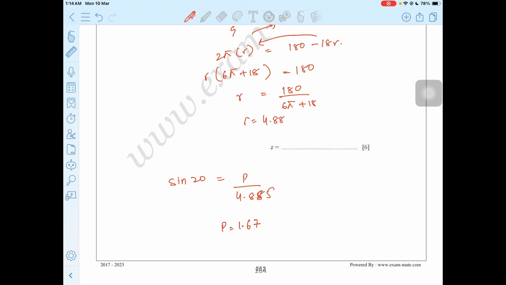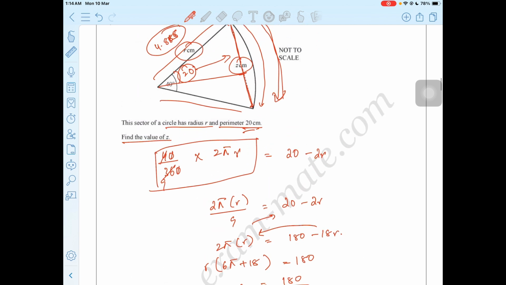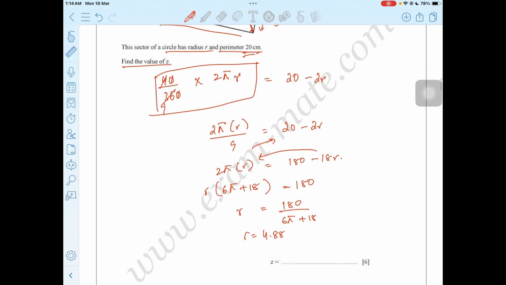Did we make some mistake over here? Because the value of r is different. So this is 1/9 and then 2 pi r. Yes. Then this goes over there, so this would be 180 minus 18r.